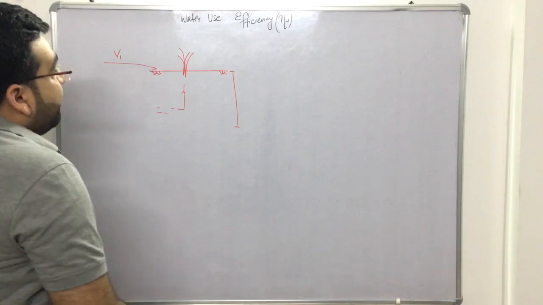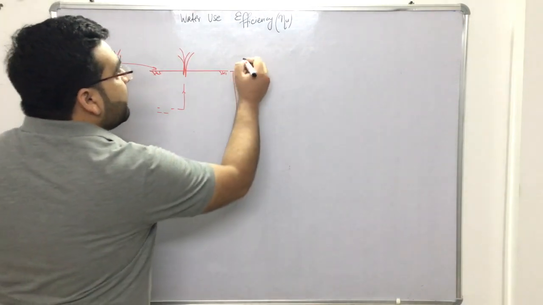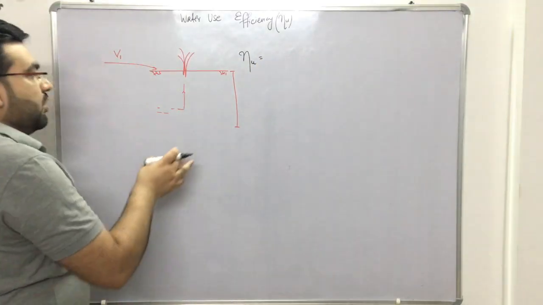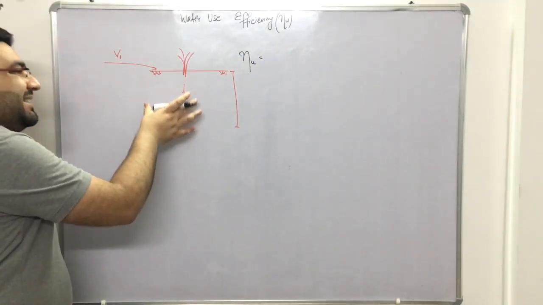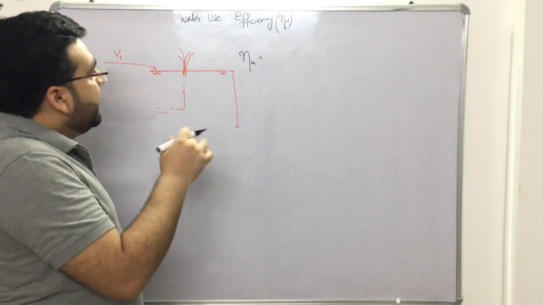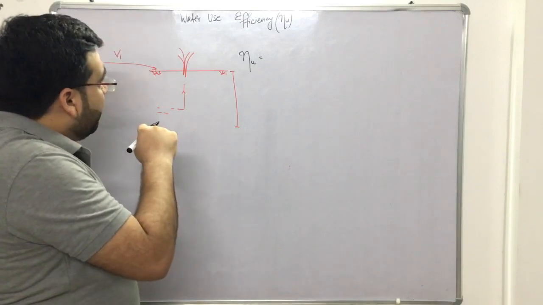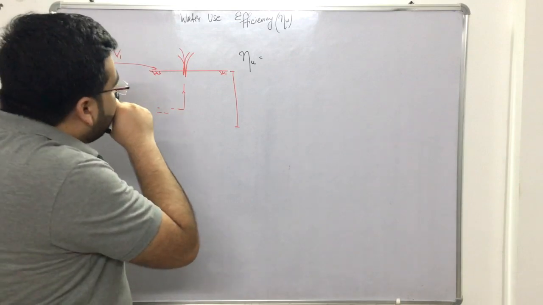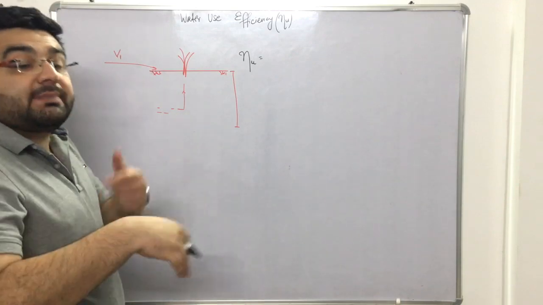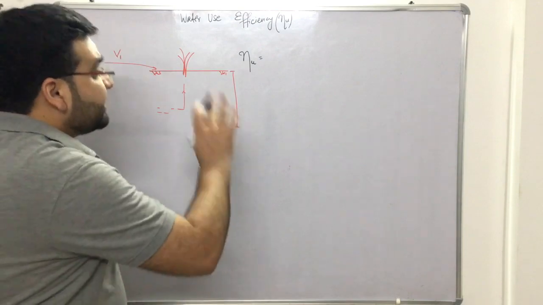The water use efficiency, eta u, is actually equal to the water used by the plants effectively. Effectively is also known as the maximum water that can be used, right? It is also known as consumptively, right?